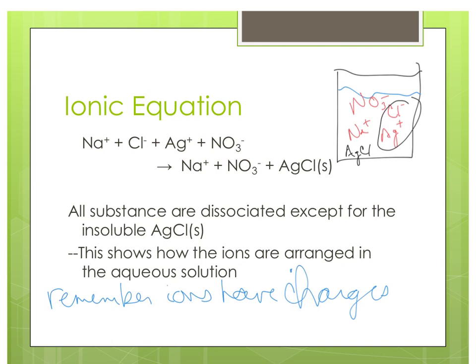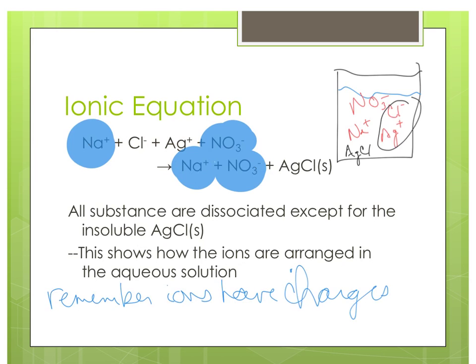You might notice, if you are thinking sort of mathematically, that the Na and NO3 are identical on both sides of the equation. So you might be thinking, if I have the same thing on both sides, do I really need it?